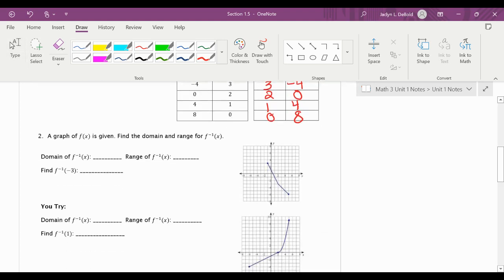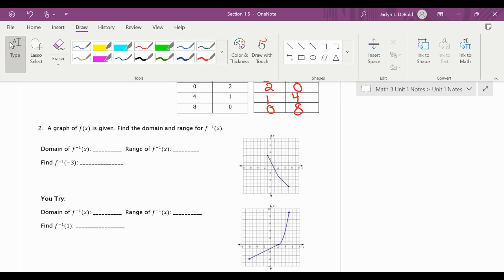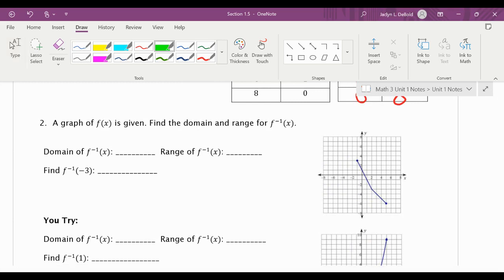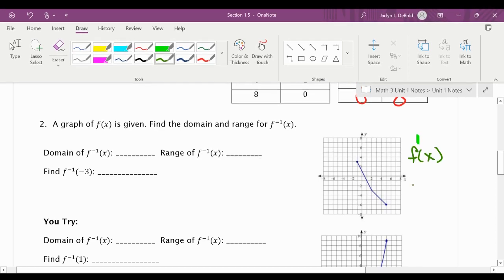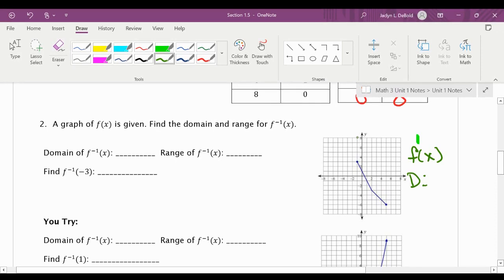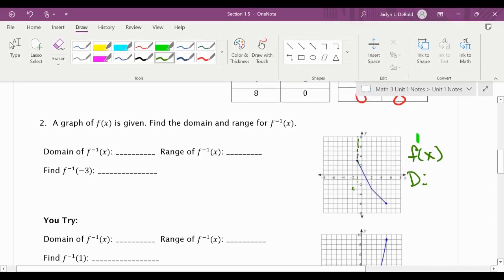For a graph, the domain and range for the inverse also gets flipped. So if we look at this graph, this is our original function. I'm going to call this f of x. The domain for our original function, that's basically looking at our x values. So where do our x values start and stop?